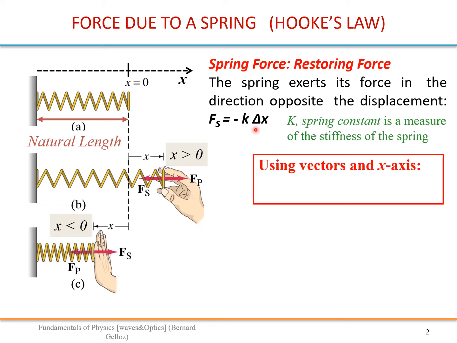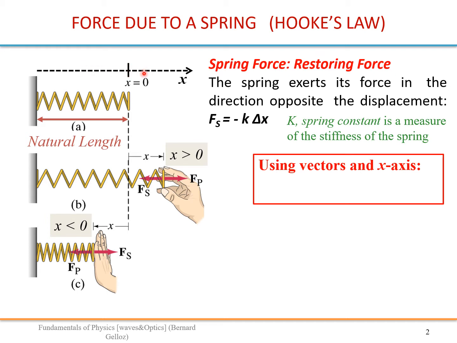The proper way to do that is to define an axis like this and with an origin. Usually a good choice is the natural length of the spring. In that case you can indeed use F equals minus kx because x will be the delta x, the displacement compared to equilibrium.